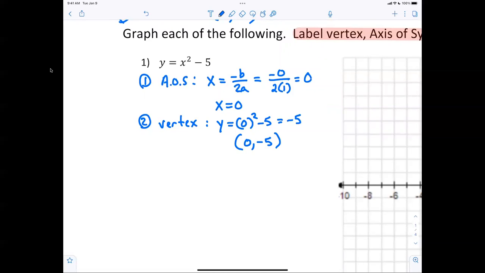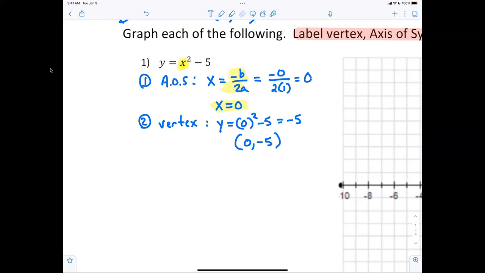Student: When you go up to the vertex, there's negative b over 2a, and how did you know minus 5?